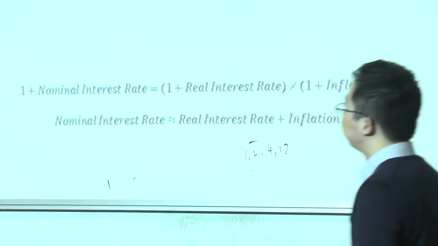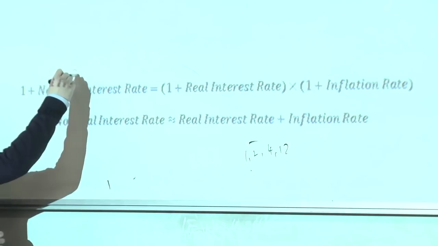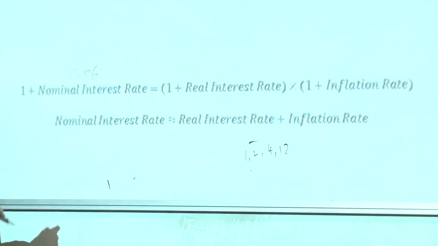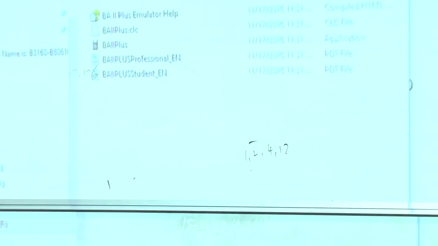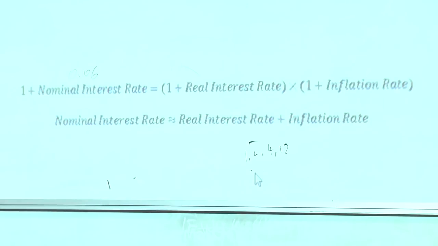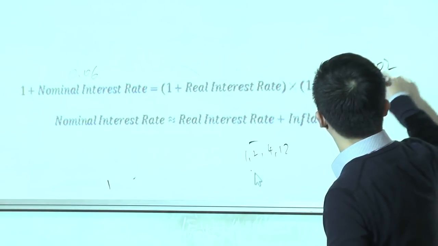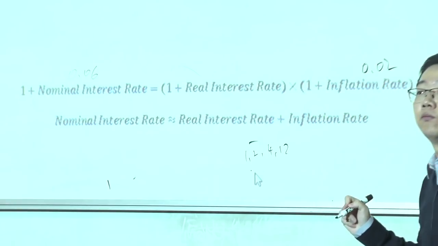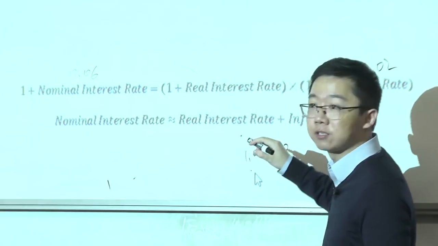And how to calculate your real return? Let's say an investment promises you 6% of return. So the nominal interest rate here is 0.06. And let's say the inflation rate in that year is 2%. Not very crazy, 2%. So the inflation rate is 0.02. Then you can use this formula to calculate the real interest rate, right?